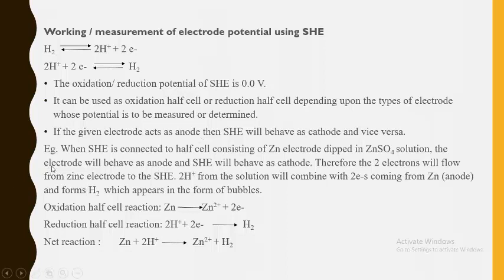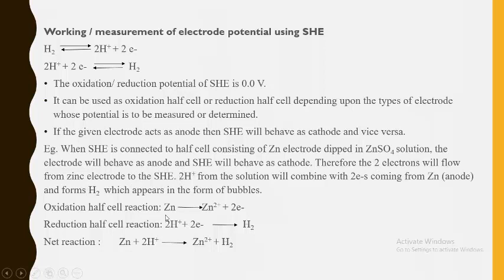So let us look into two examples, both for the zinc and the copper. When SHE is connected to a half cell consisting of zinc electrode dipped in zinc sulfate solution, in that case the zinc electrode will behave as anode and SHE will behave as cathode. Therefore, the 2 electrons will flow from the zinc electrode to the SHE.